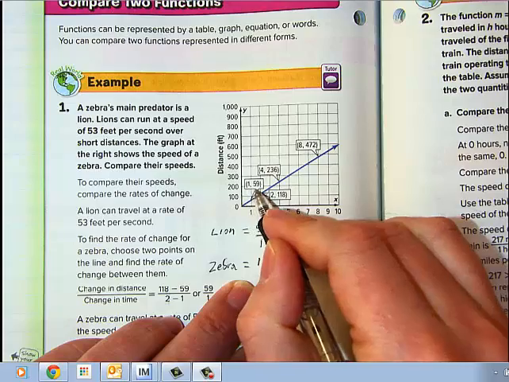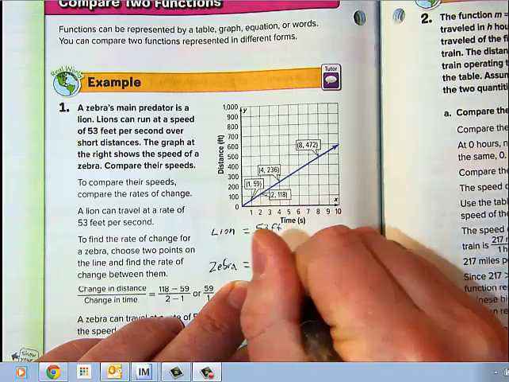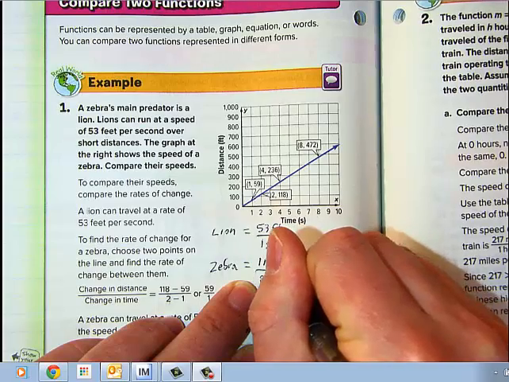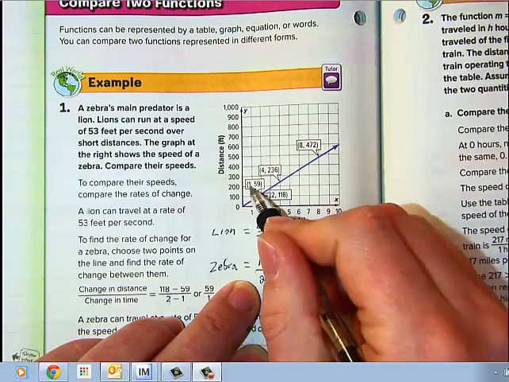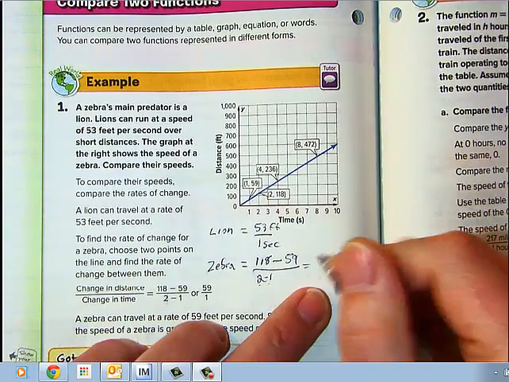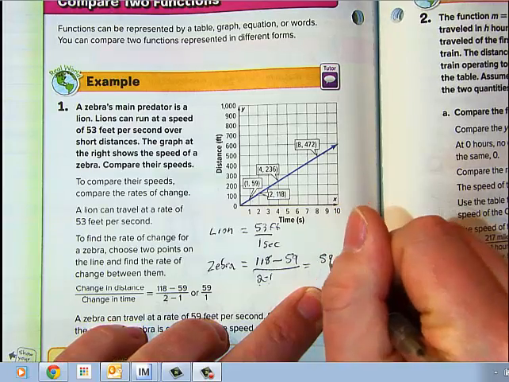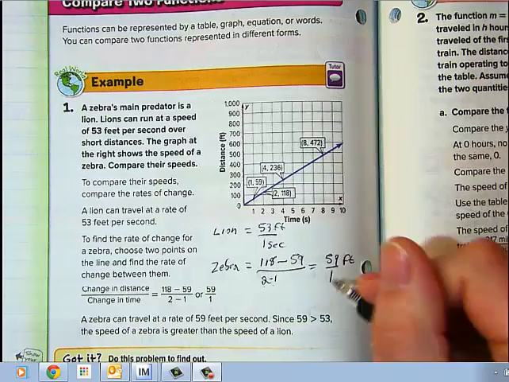Then the y1 is 59, because in 1 second it traveled 59. So subtract here, the 2 minus 1, x2, x1, and we subtract, and we discover that our zebra travels 59 feet in 1 second.